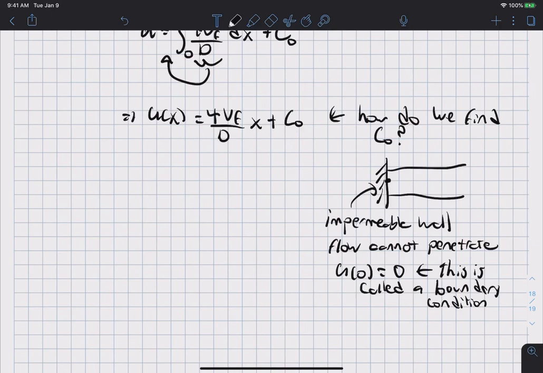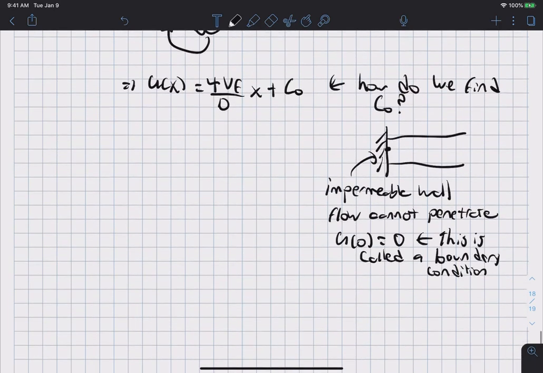Which basically means to specify the exact function of x, you need to know at least one detail about u at some location in the tube. And fortunately for here, we know that the mean velocity of the flow must be 0 on this end of the tube.